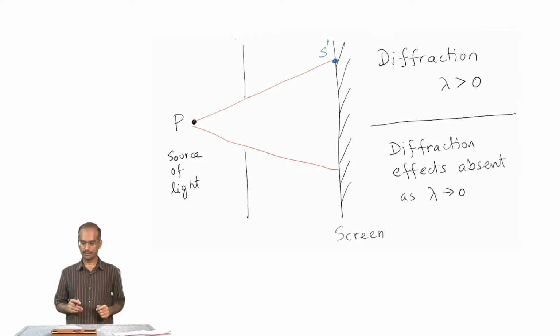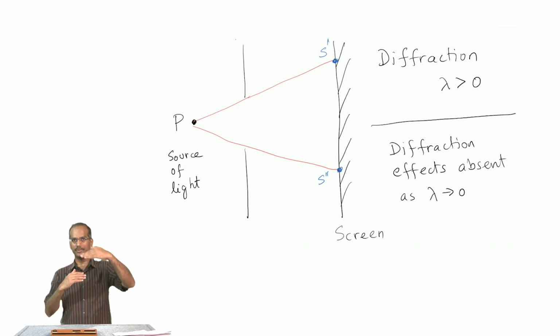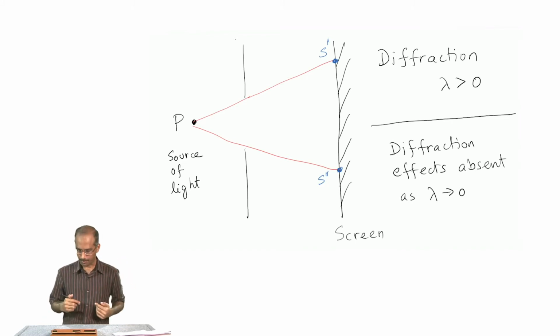So, in this case it goes from P to S prime, and of course, on the other side it would also go from P to, let us call this point S double prime. So, between S prime and S double prime you do see light, and above S prime, below S double prime it is very dark.